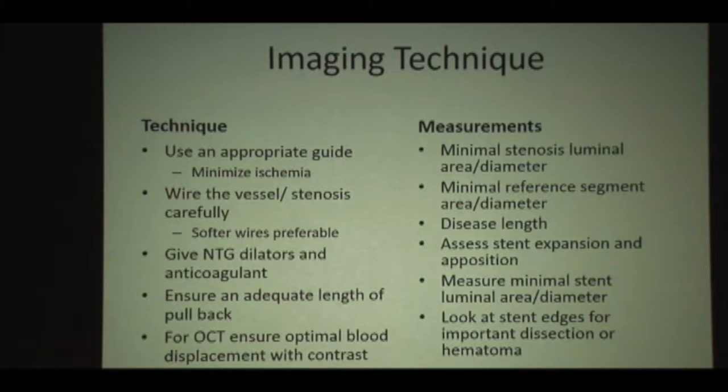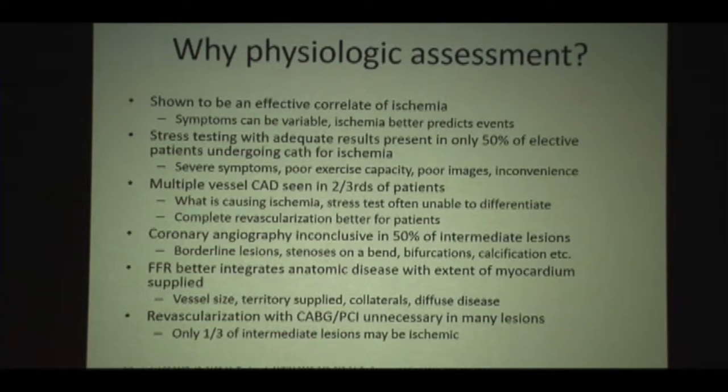So understanding stenosis severity, the reference segment diameter we hope to achieve with stent expansion, looking at the expansion of the stent itself after it's deployed, and looking for complications such as dissections and hematomas.